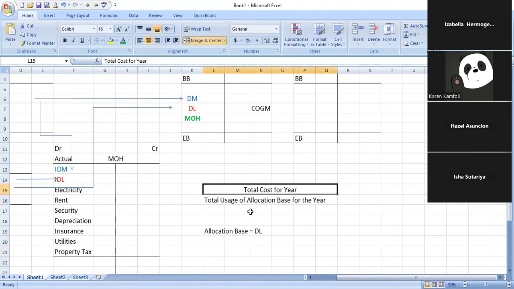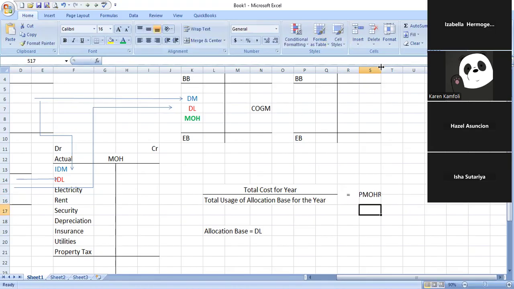Right? So once we get the total cost for the year, and we get the total usage of the allocation base, which we choose as direct labor, for the same period of time, then when we divide one by the other, we're going to get a calculation of something very interesting, called the predetermined manufacturing overhead rate.